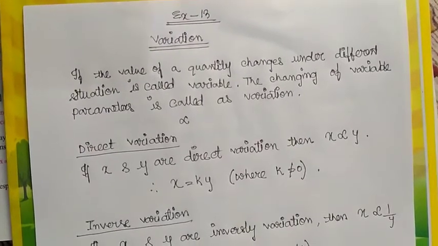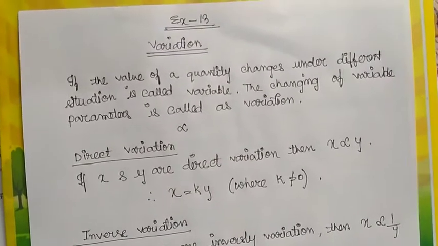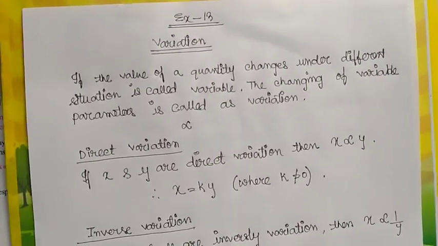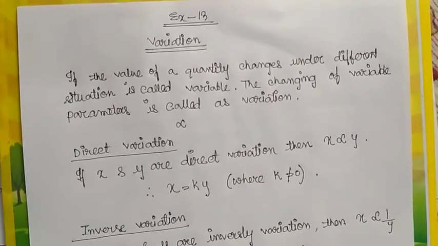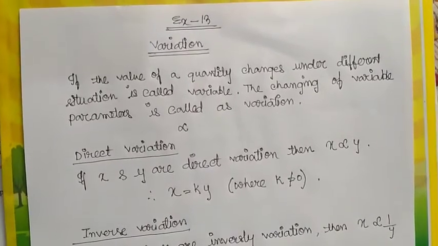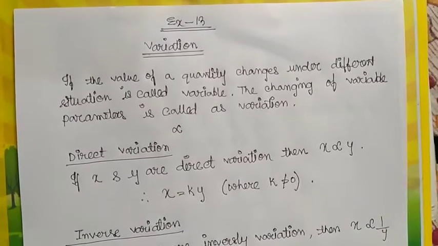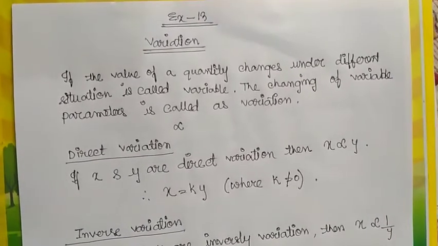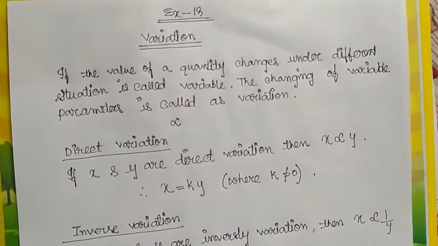If the price of 6 lemons is 12, what is the price of 12 lemons? If the number of lemons increases, the price also increases, and if the number of lemons decreases, the price also decreases. This is simple proportion.